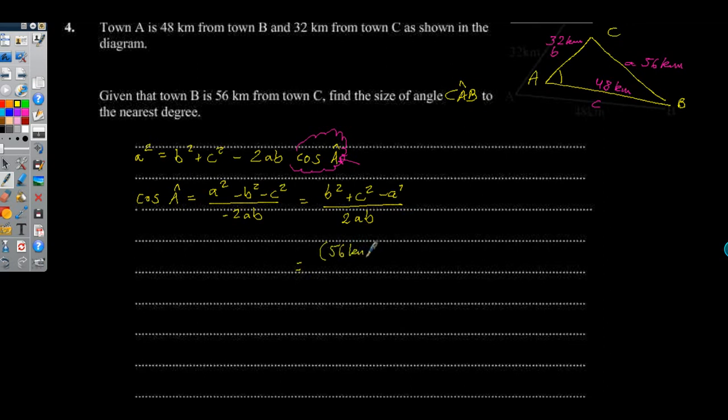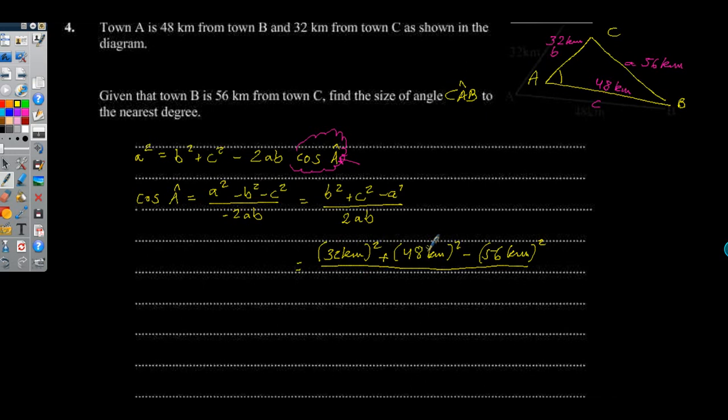B is 56 kilometers. Notice that I'm using units and I'm substituting with brackets. 32 kilometers squared minus, sorry, I was looking in the wrong place there.